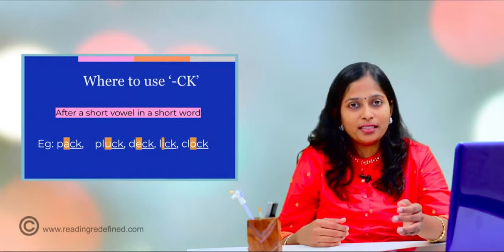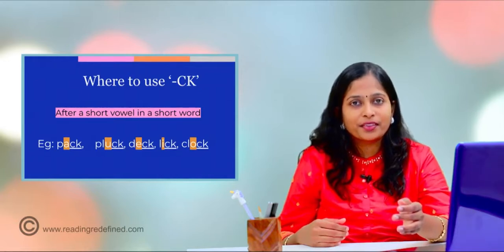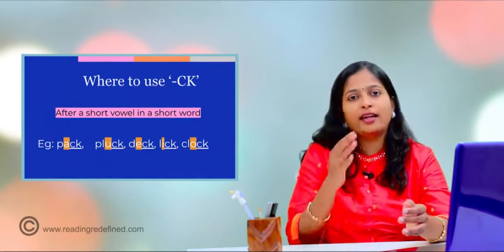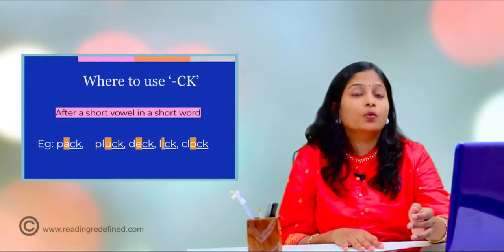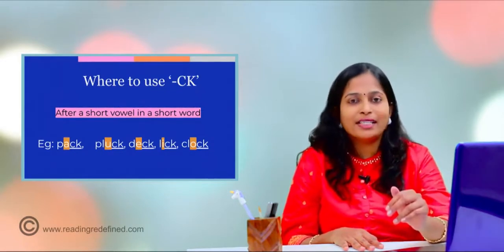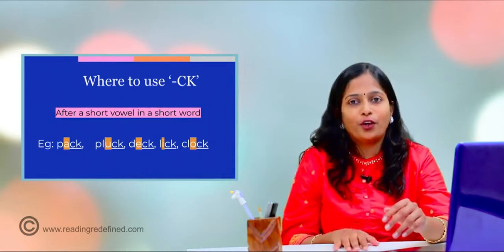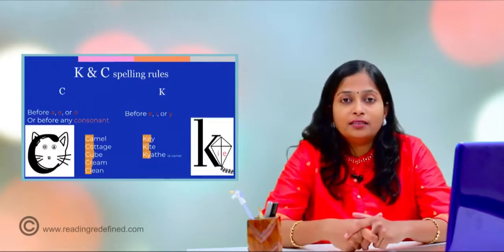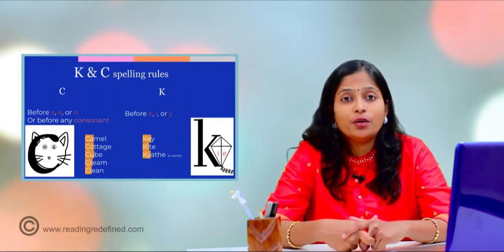Did you list out the words? Notice the short words, the single syllable words with a short vowel sound, will have C and K following the short vowel. Where do you see K in the beginning of the word?